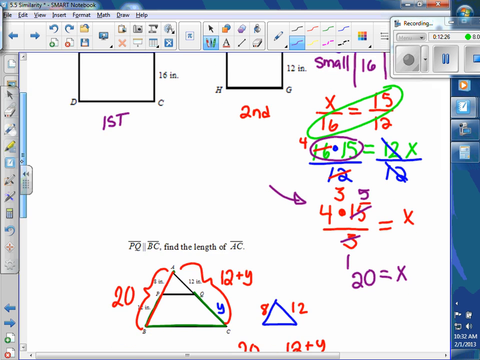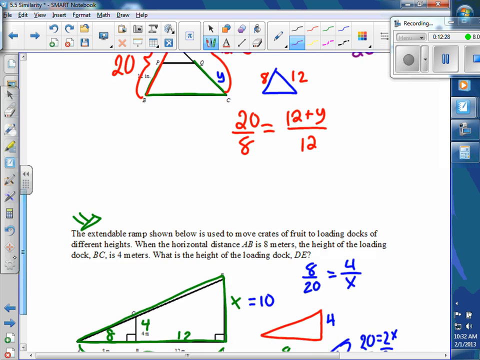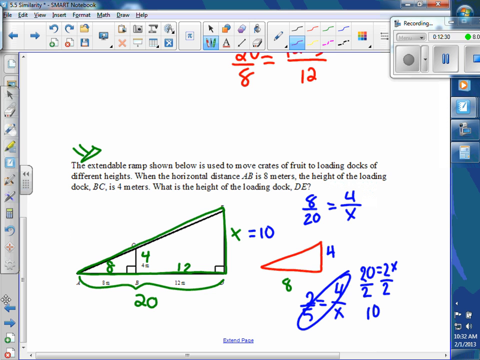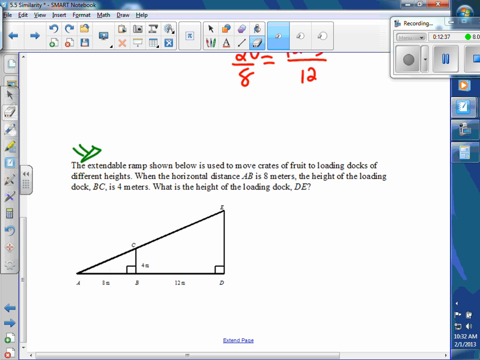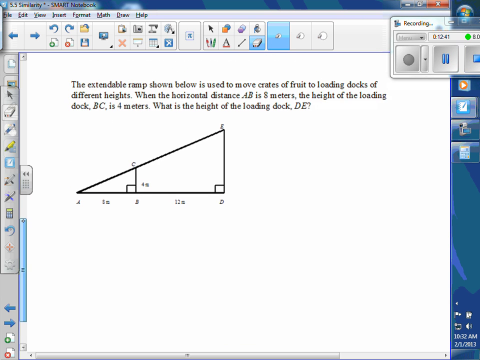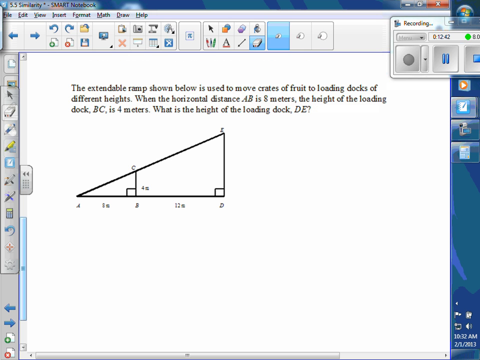Okay, I'm going to scroll down a little farther to some problems that are also kind of like your book problems. Let's look at this one. And before we set this up, we have to read it. So this says, the extendable ramp shown below is used to move crates of fruit to loading docks of different heights.